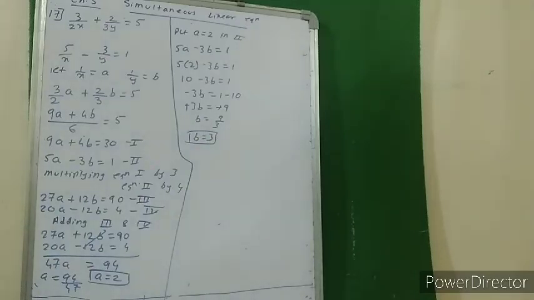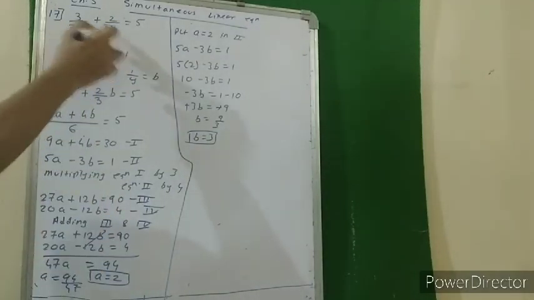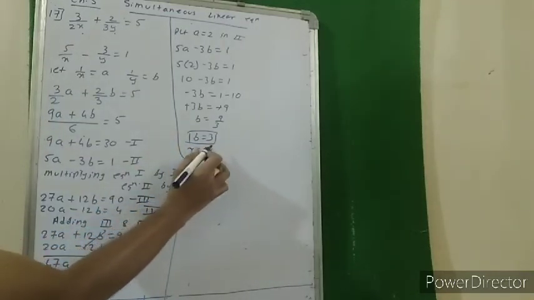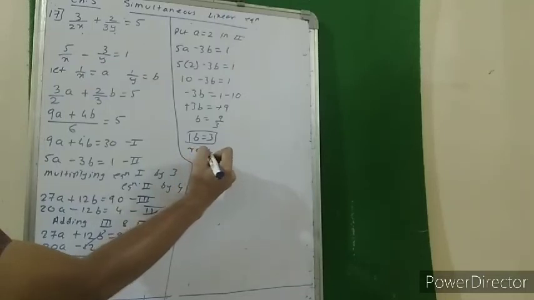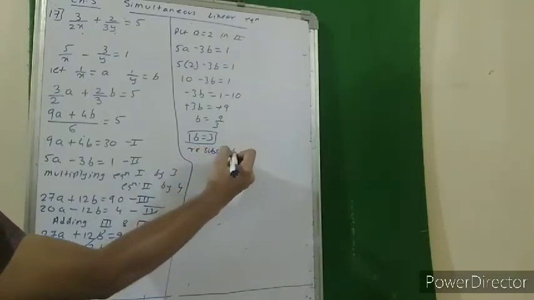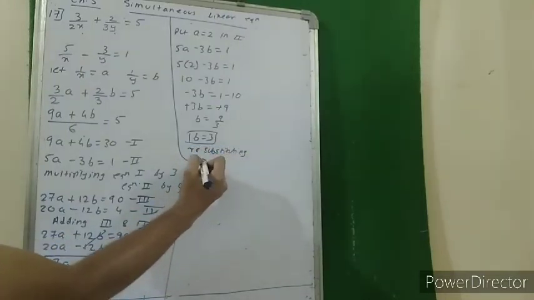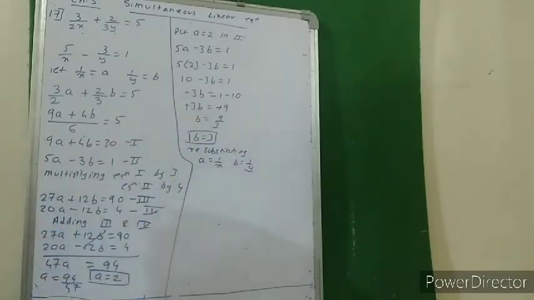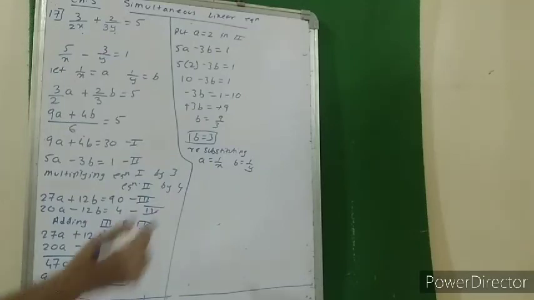Okay. Still, the question was not to find a or b. The question is to find x and y. So re-substituting a is equal to 1 upon x and b is equal to 1 upon y. So what is the value of a?